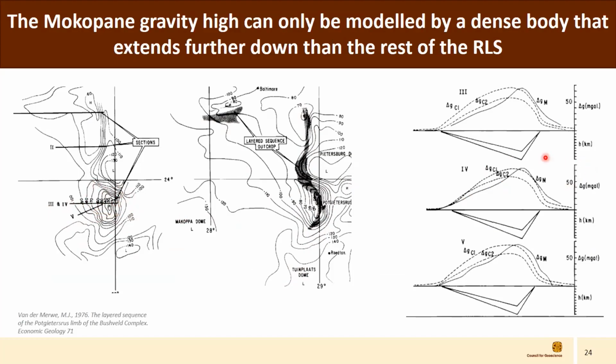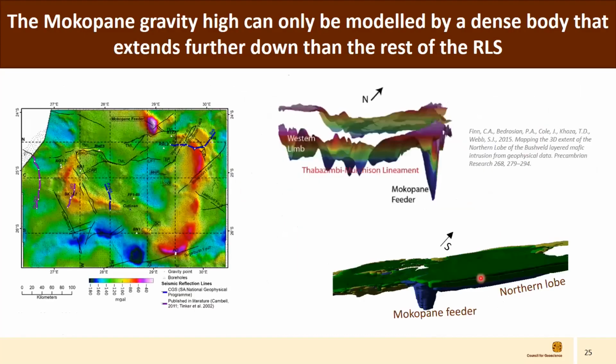And he modeled it as a trough, but he calls this a type of feeder where it's the deepest. It's going down to say 10 kilometers. His model just shows the Bushveld to go from there to there, whereas our model shows it to go up to here. But in any case, he already modeled it as a feeder.